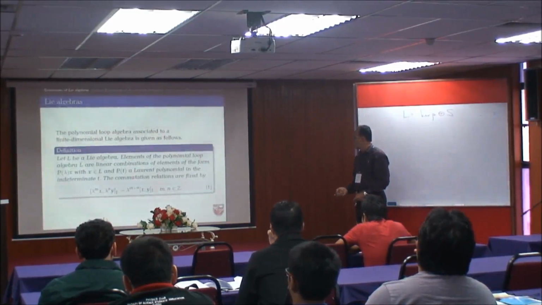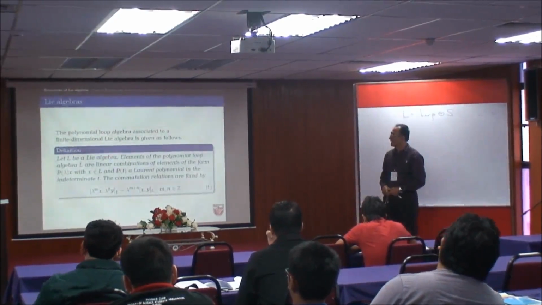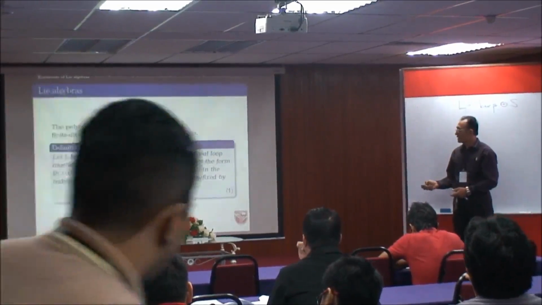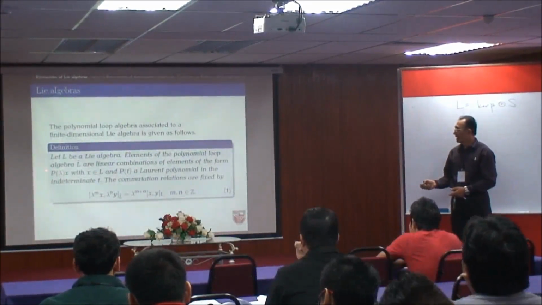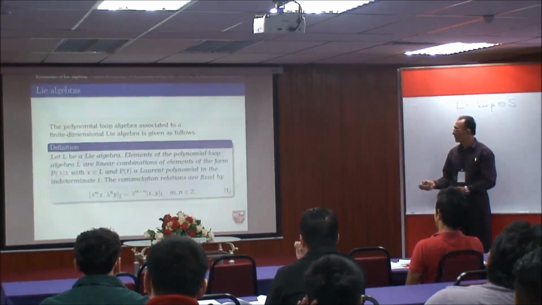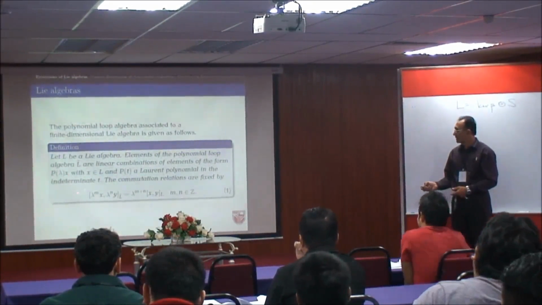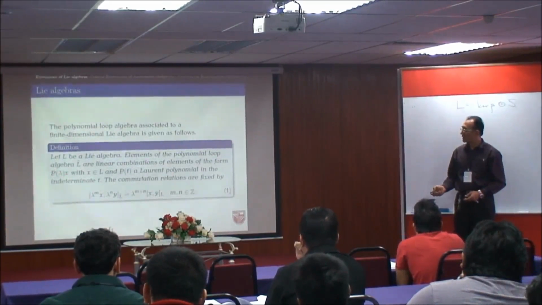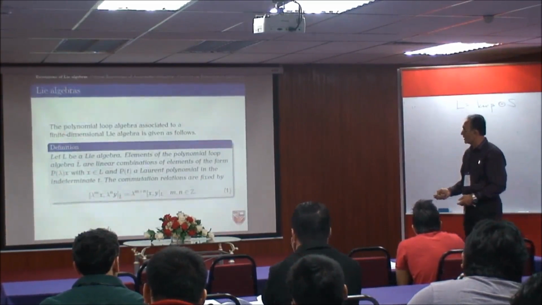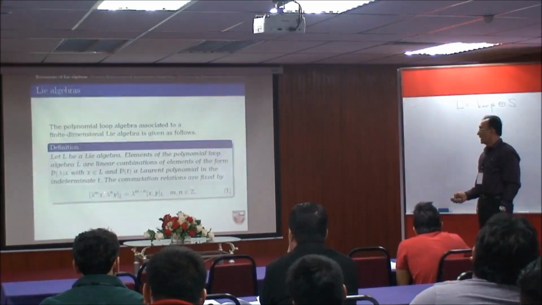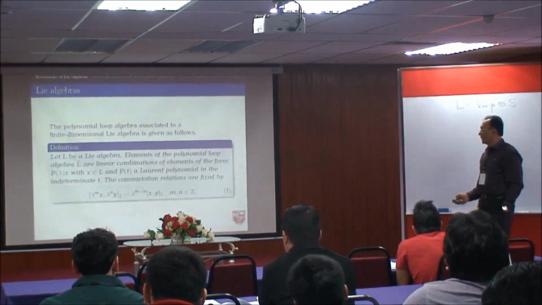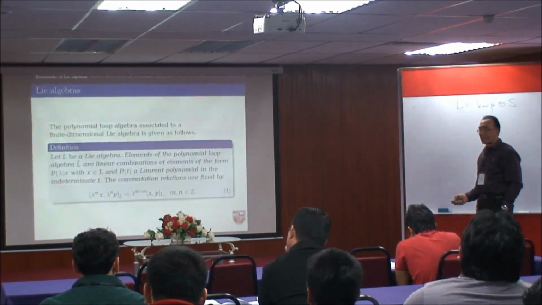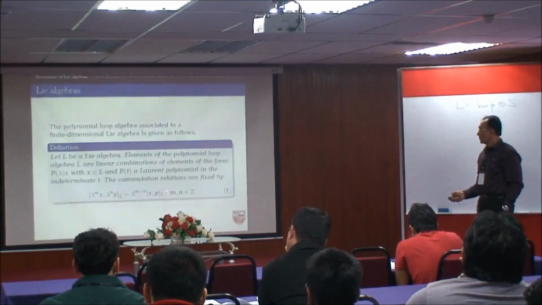Loop algebra is defined as follows. If you consider a Lie algebra L, then you will consider such kind of elements and their linear combinations. Then on that span of these vectors, you can define such a bracket: [lambda to the power m x, lambda to the power n y] is lambda to the power m plus n [x,y] on L. Easy to verify.